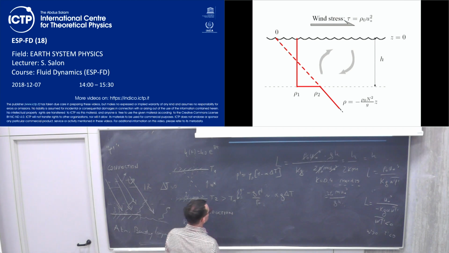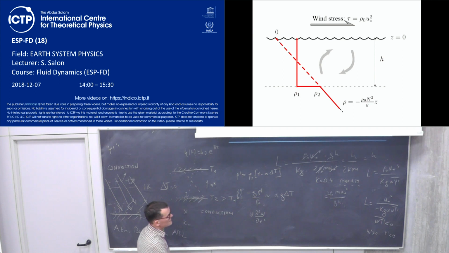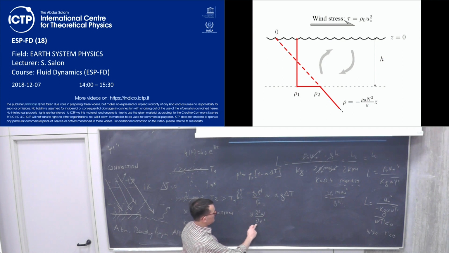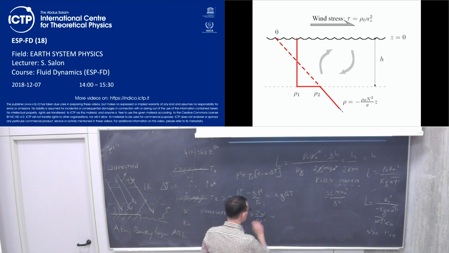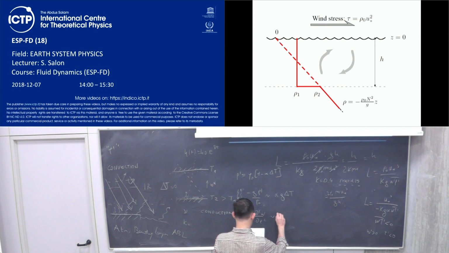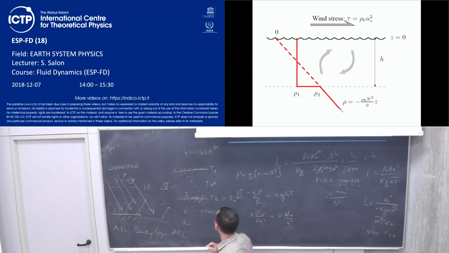So in this case, we also have friction, and the friction acts on the vertical with the frictional term which in this case is present in the Z momentum equation. And this will scale like nu W star over H squared.